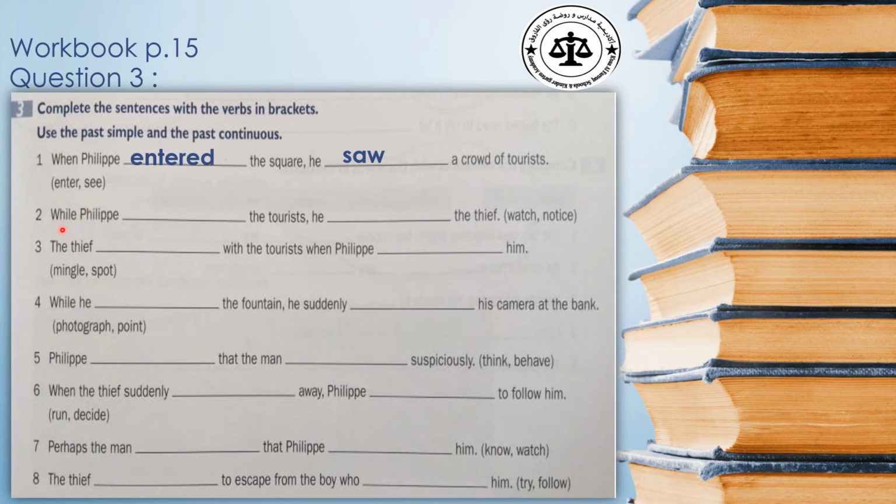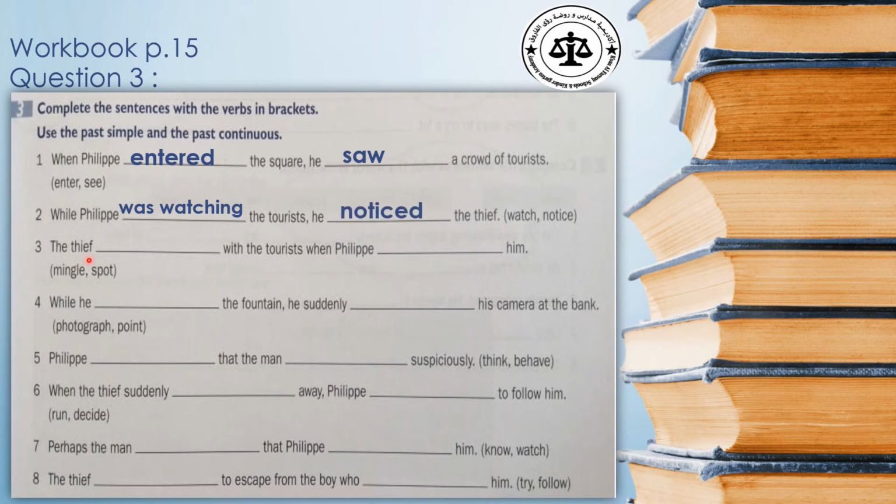Number 2, while Philip, we have while here, so while Philip, excellent, was watching the tourists, the first sentence is in continuous tense, and because we have while here, the second sentence is in the simple past. Noticed the thief.